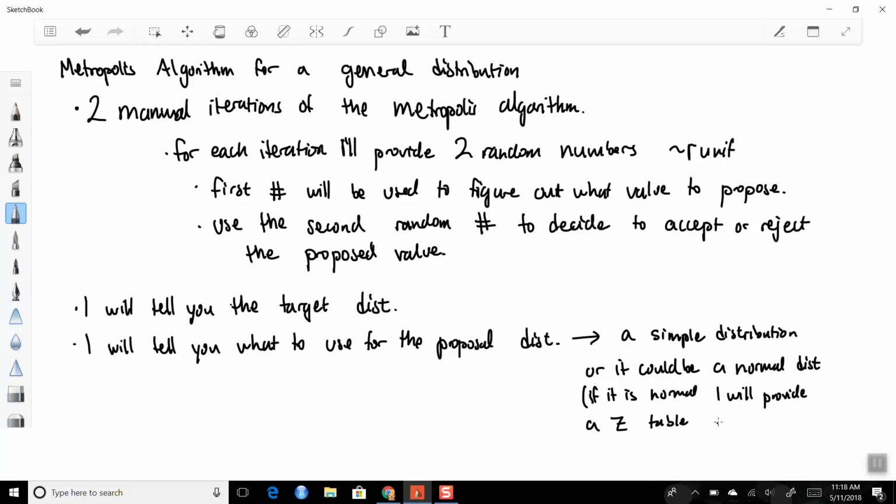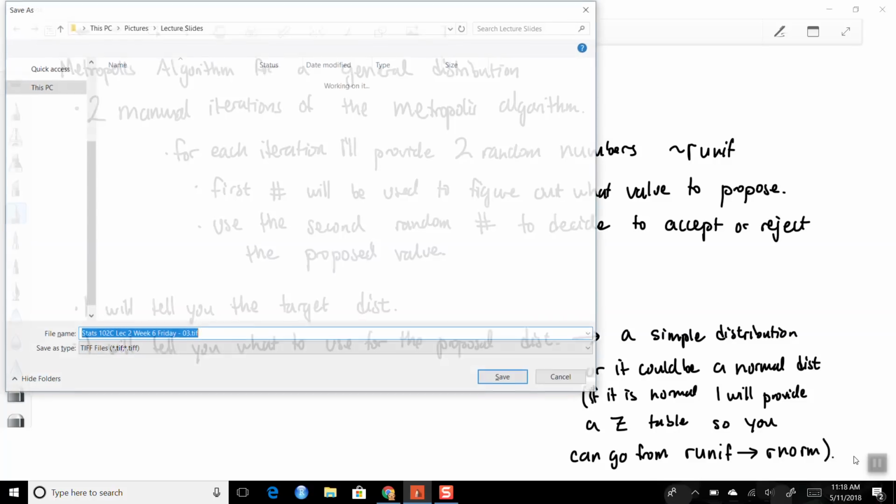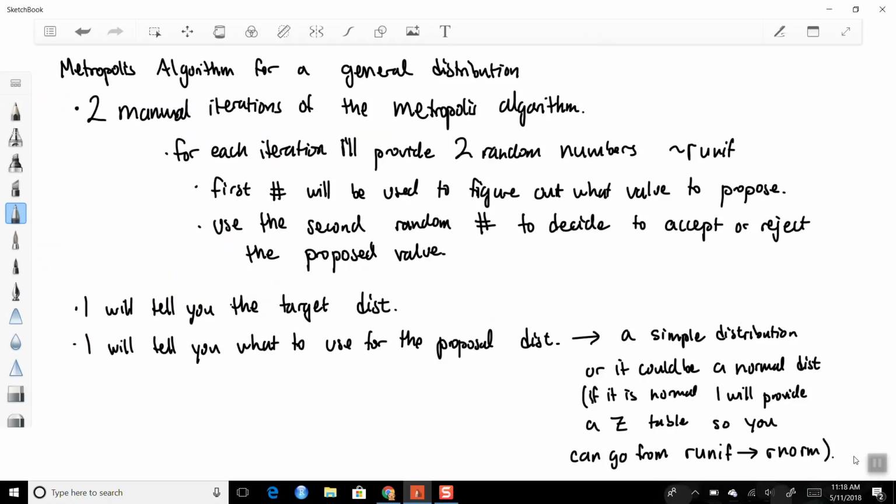so you can go from our unif to our norm, right? So if you're given the z table, which is pretty much the CDF of the normal distribution, you can use the inverse CDF with the z table to go from random uniform to random z, right?